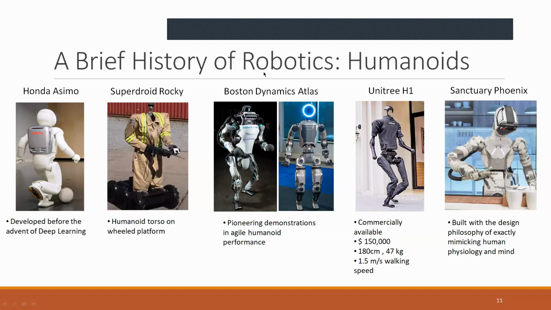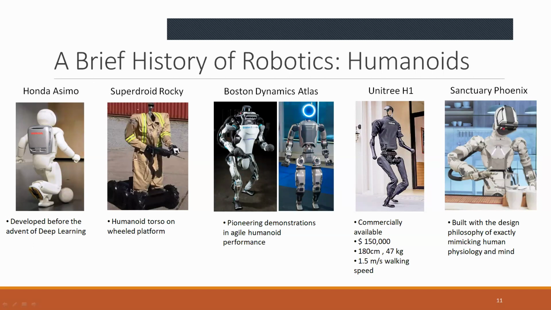The other class of robots that's relevant, since they mimic both the appearance and the behavior, is humanoid robotics. Now, the world really delved into humanoids with the Honda Asimo. This was released back in 2004, developed by Honda, of course, and you may have seen videos of this.